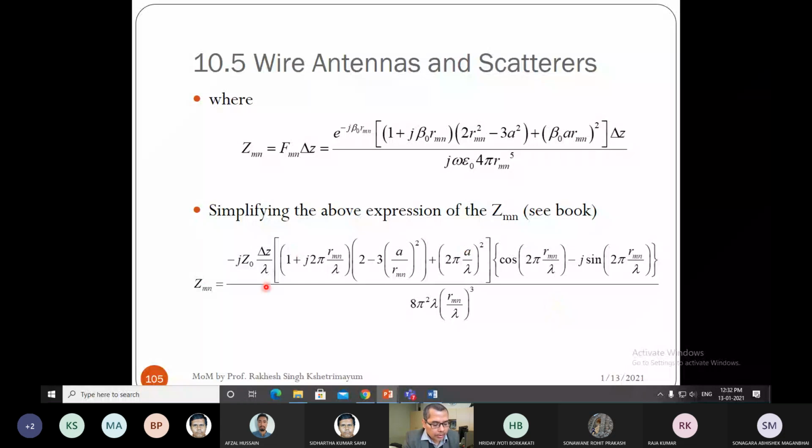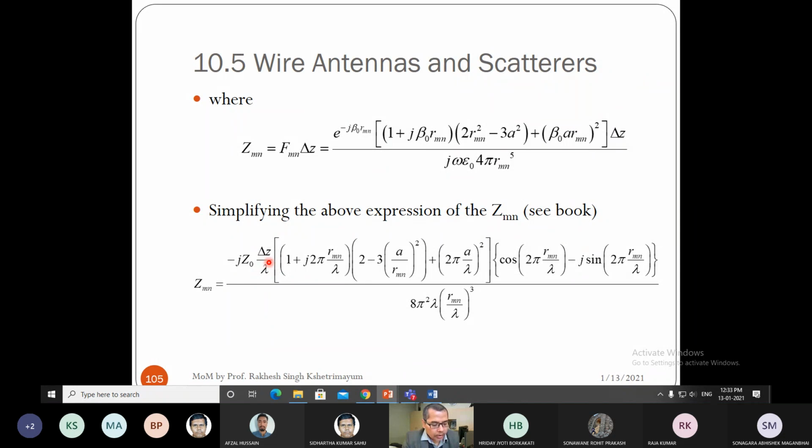So look at this Z matrix expression. What do you have? Zmn. You have j Z0, which is the free space wave impedance. Delta Z is the step size. Now, when I have a dipole of length 0.3 lambda, if I have only 3 subsections, how much should delta Z be? Delta Z will be 0.3 lambda divided by 3, so 0.1 lambda.